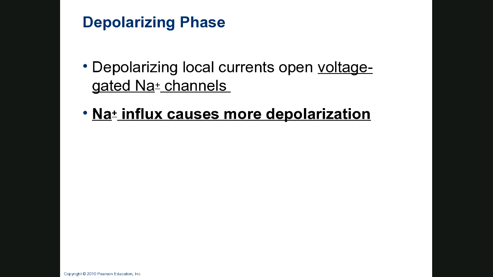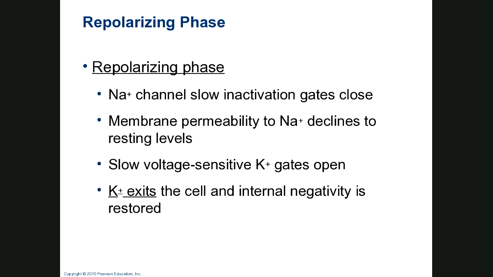And the depolarizing local currents open the sodium channels, and as I said with the dominoes, you get sodium moving in until you get a whole wave of negativity along the axon. Okay, now when it is through with this action potential, the first thing that happens is the potassium gates open.